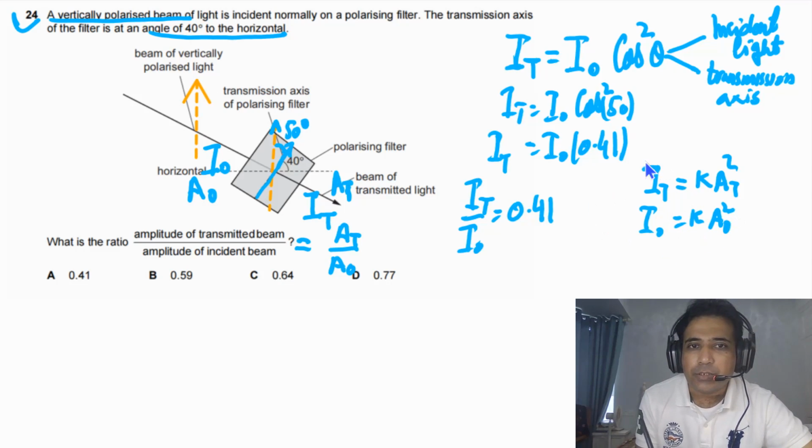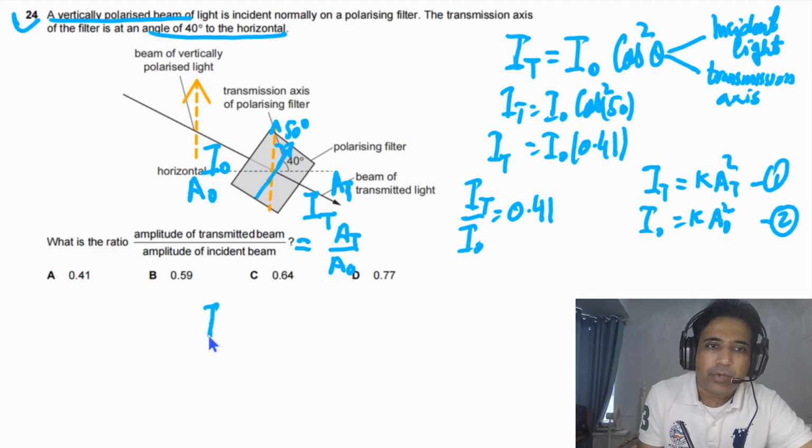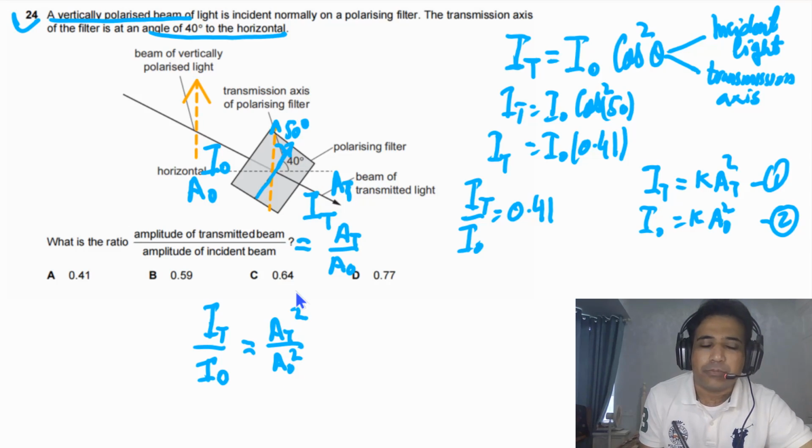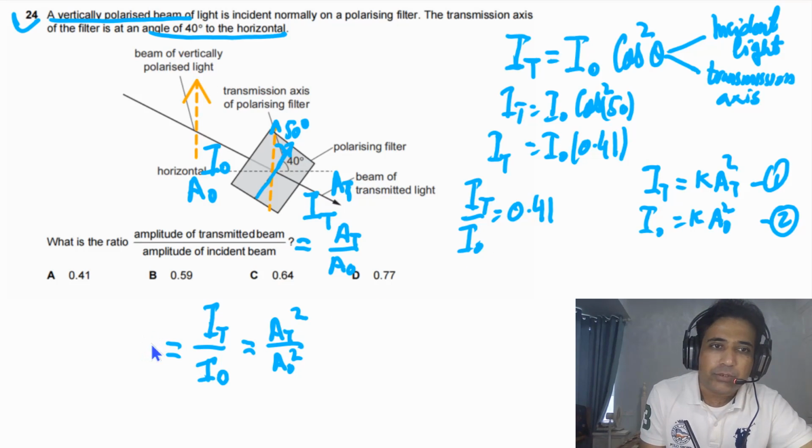So now we can divide these two. Let's say this is equation 1, this is 2. So in this case we have IT divided by I naught, and here we have AT square divided by A naught square. K will simply cancel, and IT over I naught we have already calculated, this is equal to 0.41.